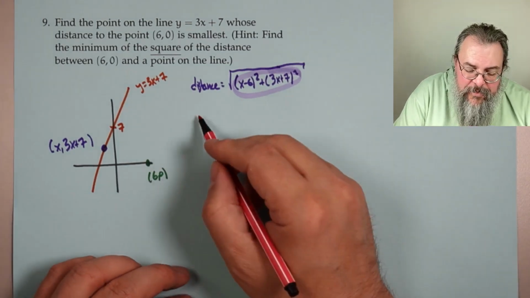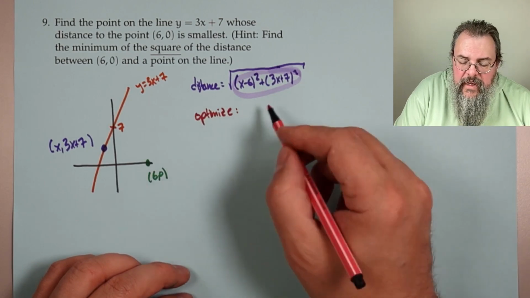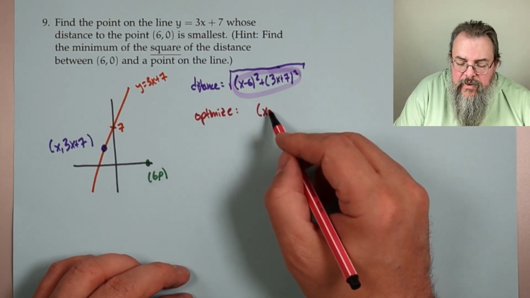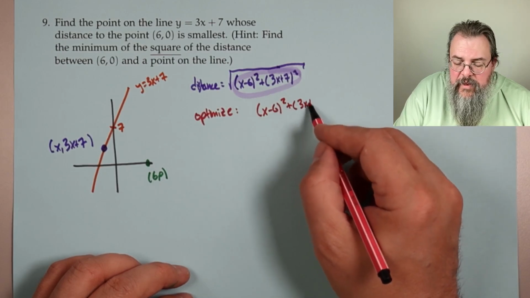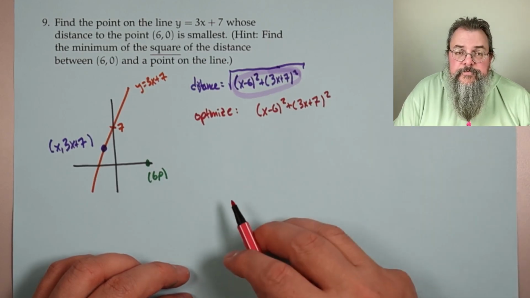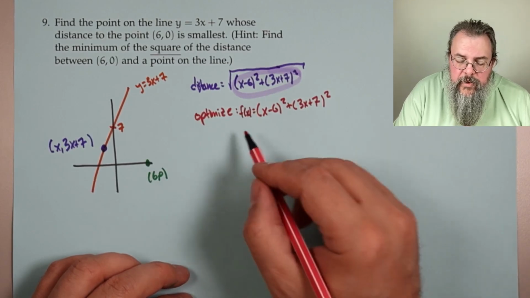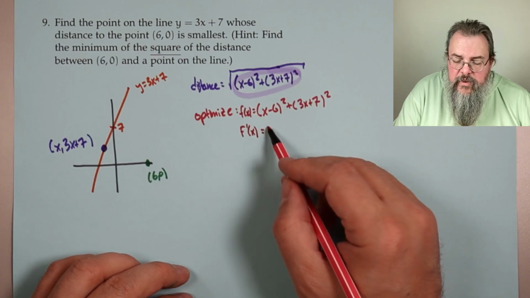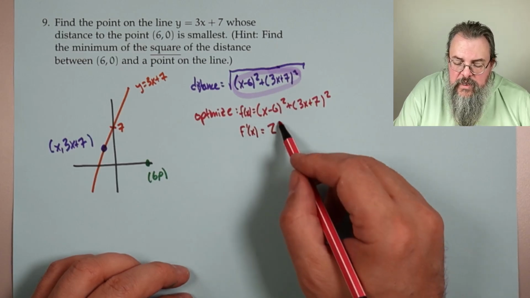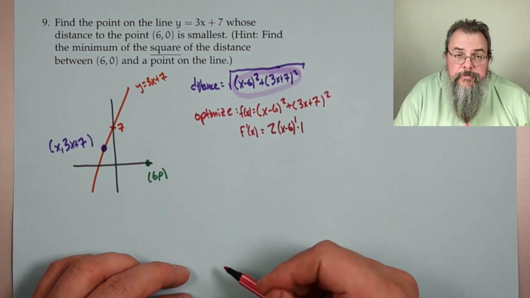So we're going to optimize the square of the square root: x minus 6 squared plus 3x plus 7 squared. And we'll call this f of x. Okay, well, let's take f prime of x. That would be, by the chain rule, 2 times x minus 6 to the 1 times the derivative of the inside, which is 1.